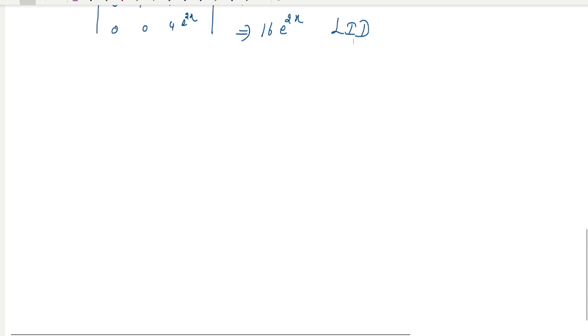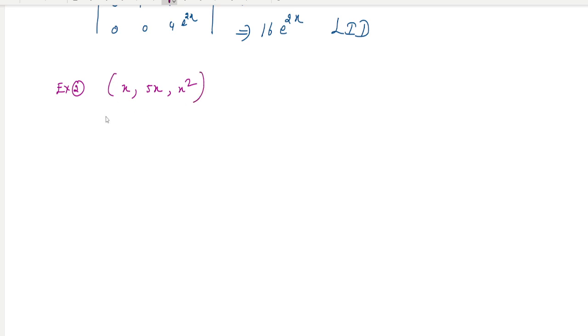And another example is, example 2. Check whether the functions x, 5x, x square are linearly independent or dependent. Okay. So first write this Wronskian function, the determinant.